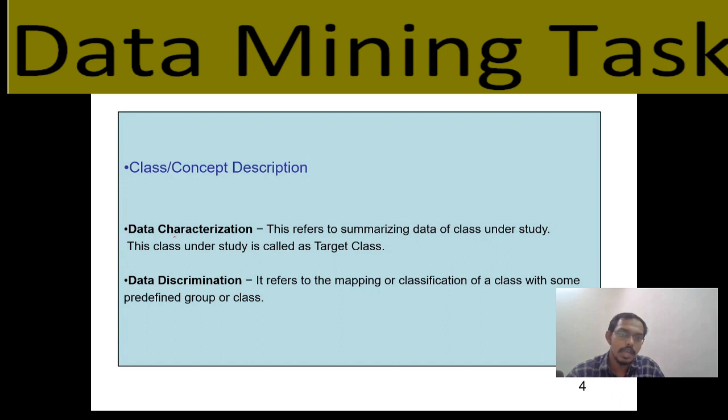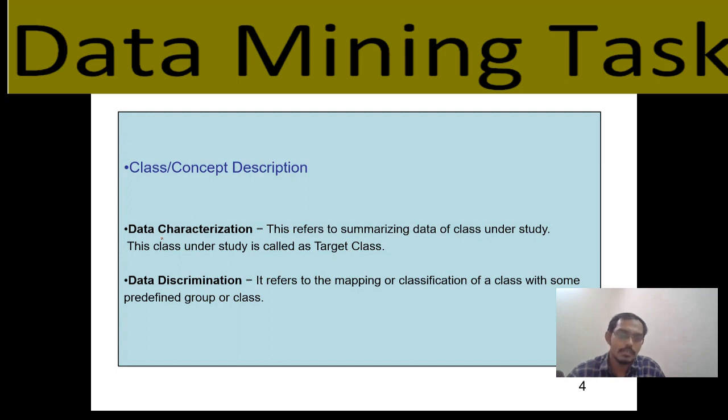Next we have to discuss the different kinds of class or concept description. The very first is data characterization. In data characterization, we summarize the data within the class under study. Here we use the classification technique and create a cluster.